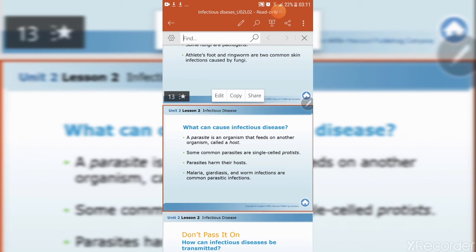Some protists, such as the dysentery amoeba. The amoeba causes a mild illness, a mild disease. You feel that you have diarrhea and some cramps in your abdomen.